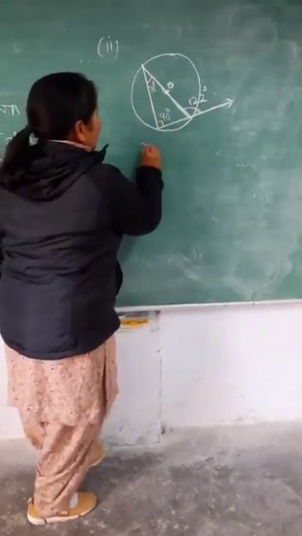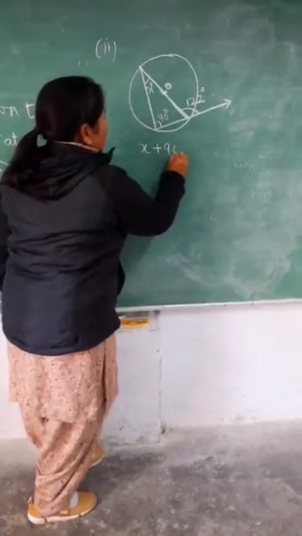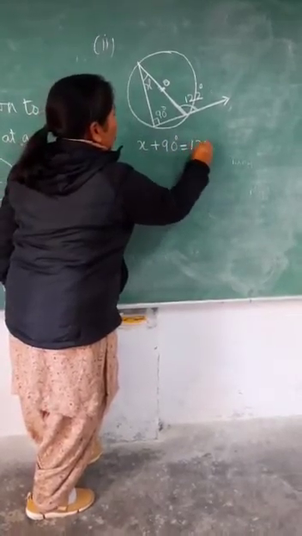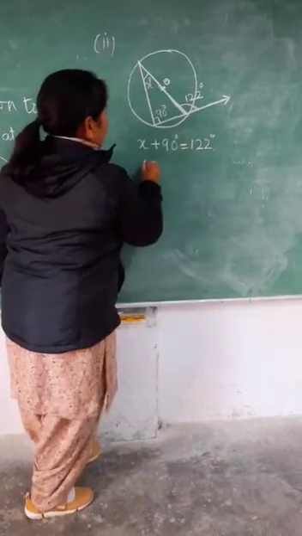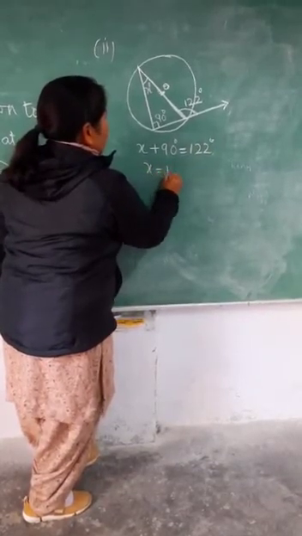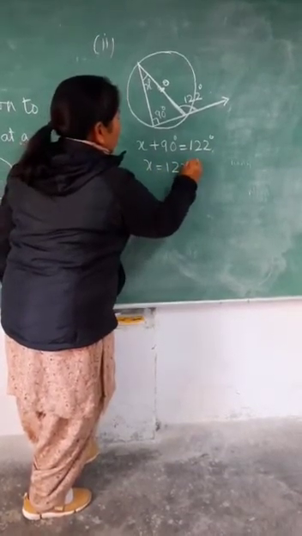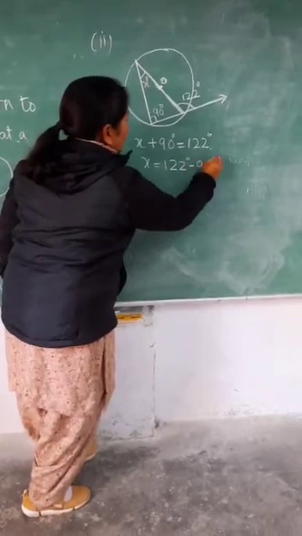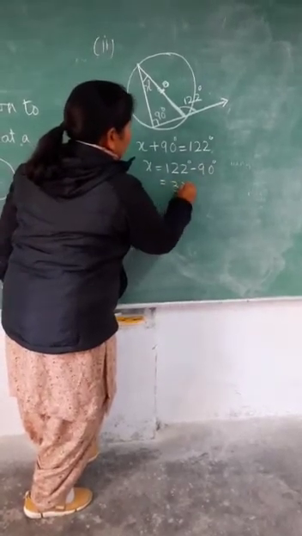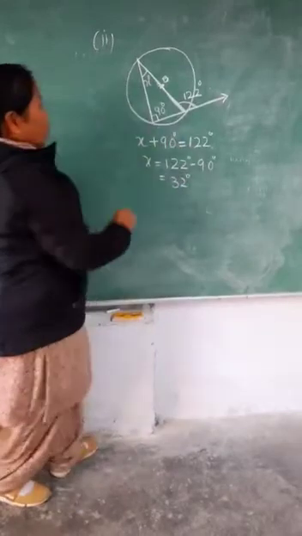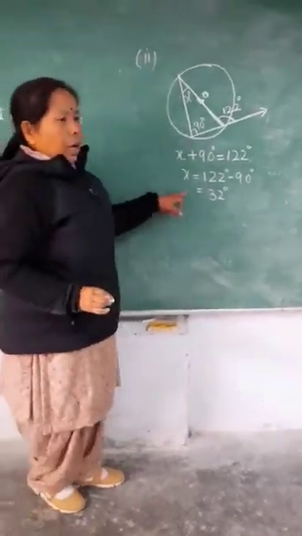It means x plus 90 degrees equals 122 degrees. So x will be equal to 122 minus 90, which equals 32 degrees.